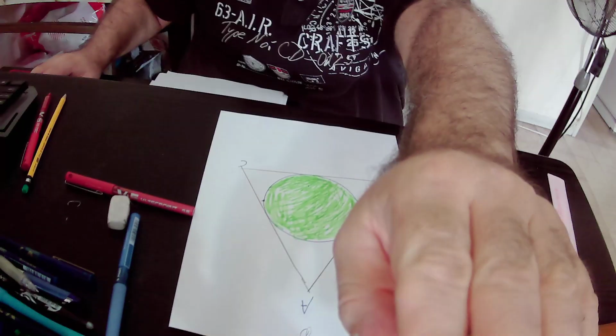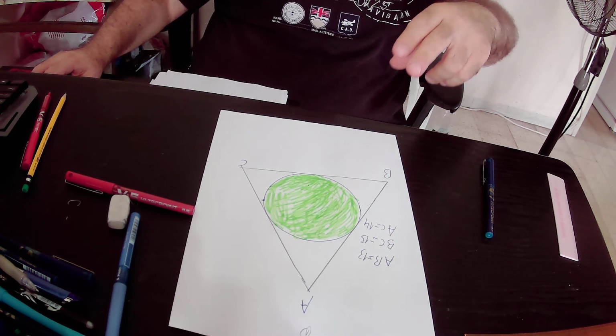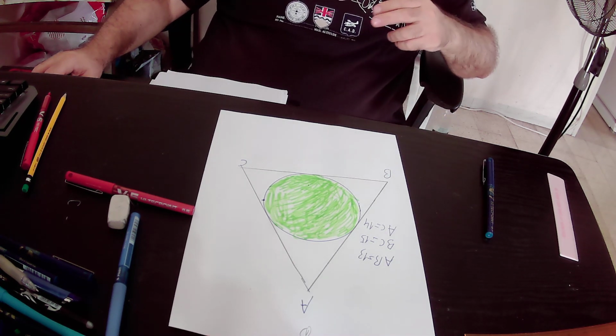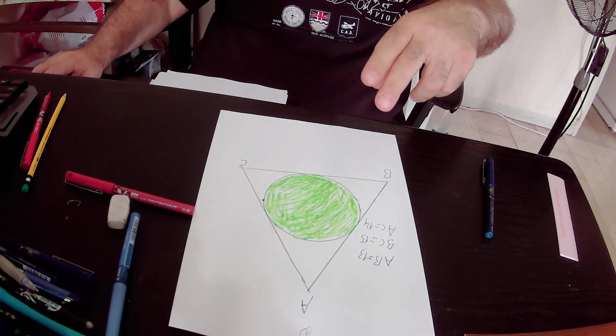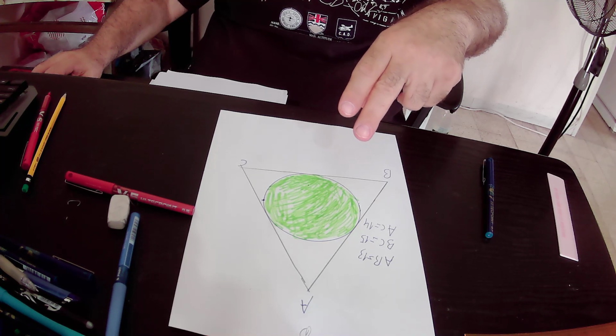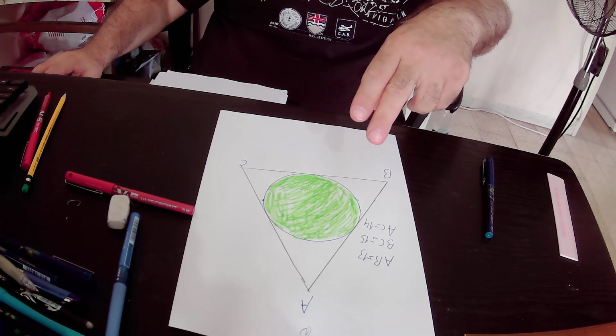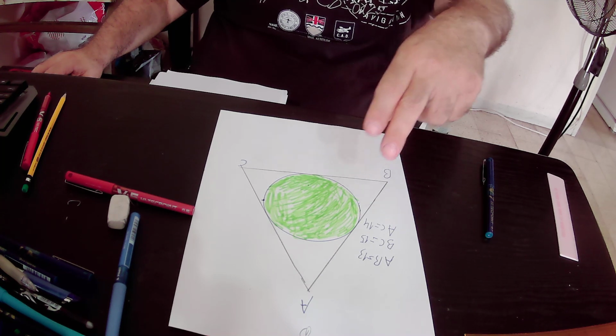Hello, in this lecture we will find the area of the green circle. In the drawing we have triangle ABC, and inside the triangle we have a green circle that is inscribed inside triangle ABC.